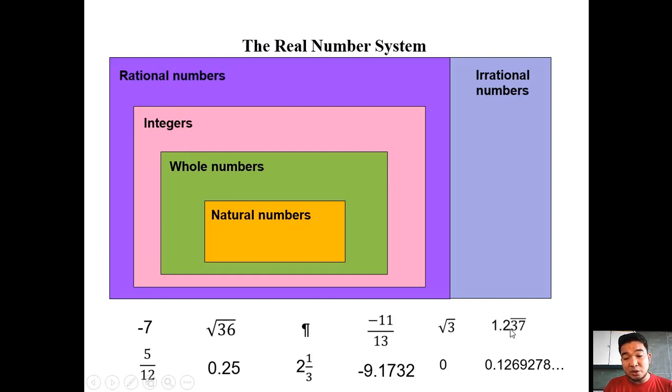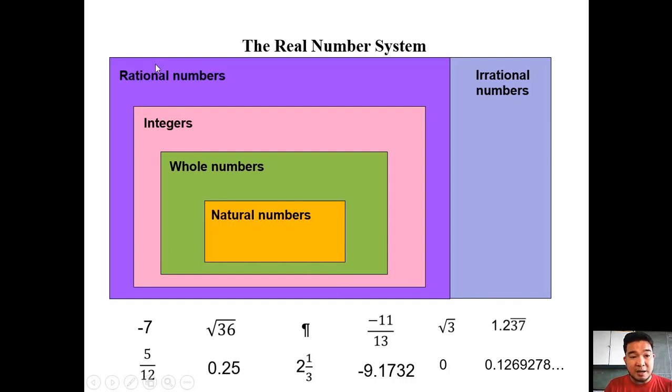So 1.237 with a bar on top of 3 and 7. That means the 3 and 7 here are being repeated infinitely. So 1.237, 37, 37, 37, and so on. So this is a repeating decimal.